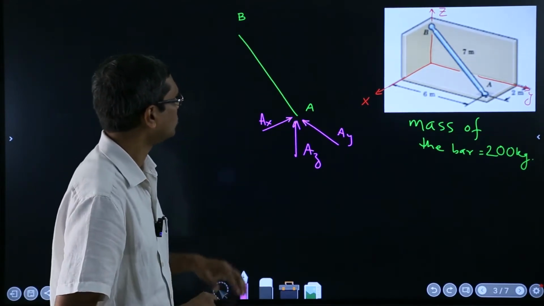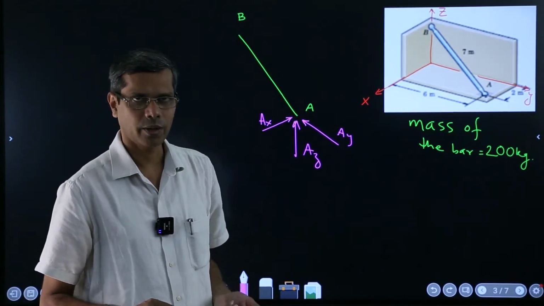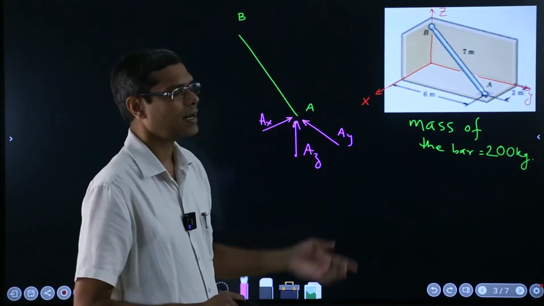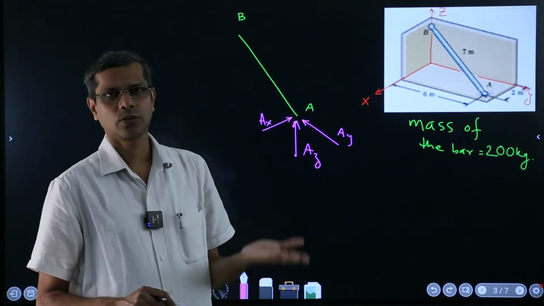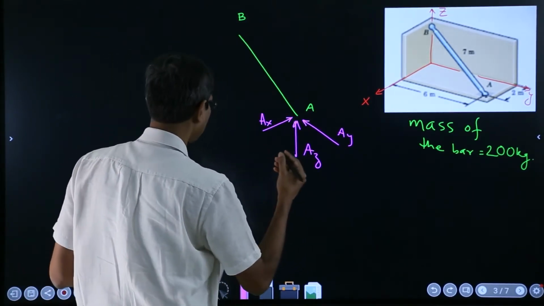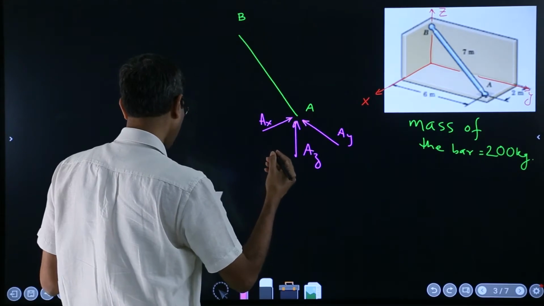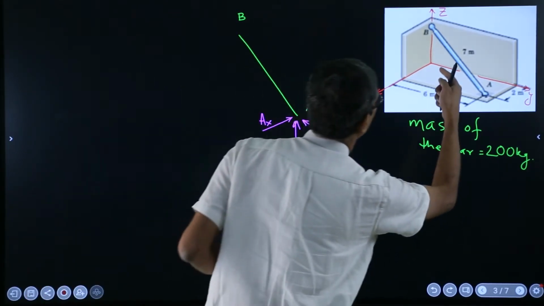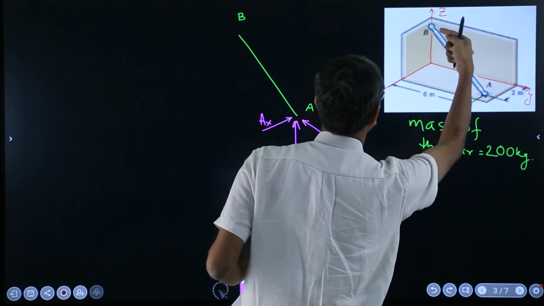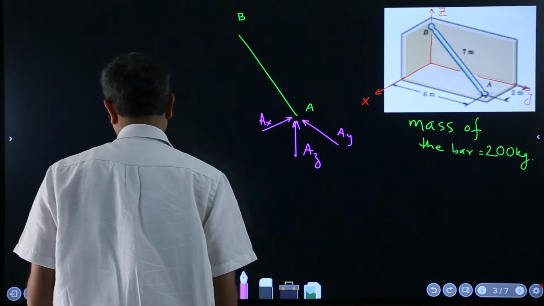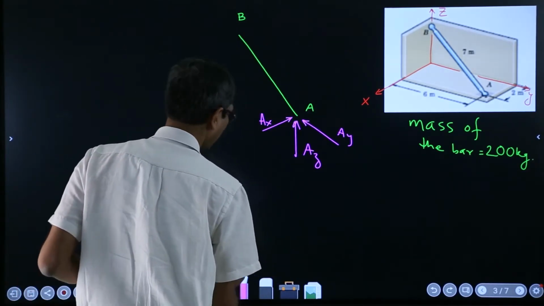So there will be no question of any moment coming as a reaction. Similarly in the z direction it's frictionless, so there is no reaction which can come. So only two reactions: one in this direction and the other in this direction.